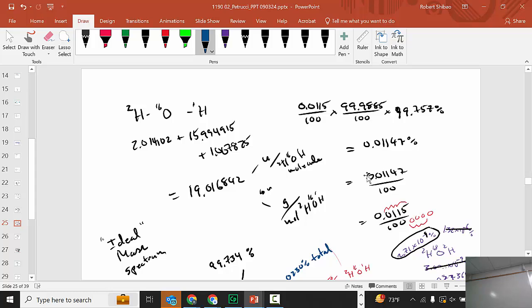So the H2 weighs 2.014102. The O16, 15.994915. The H1, 1.007825. So I combine these and I get 19.016842. So this one is heavier than the last one by 1 U approximately.